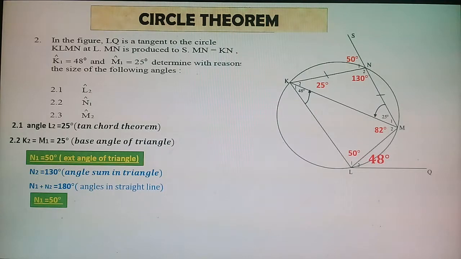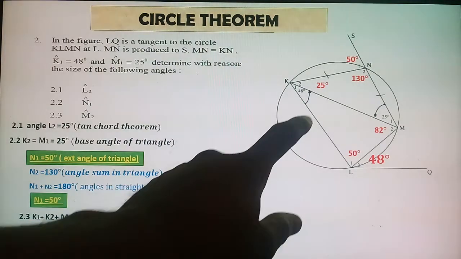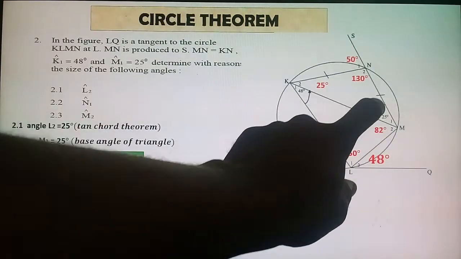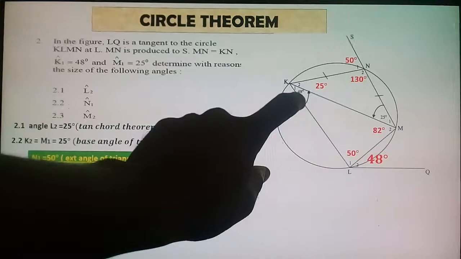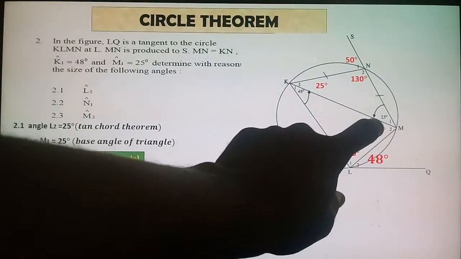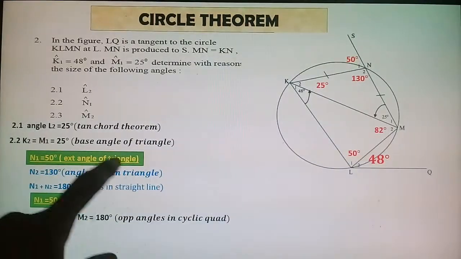Now the last one, they say calculate M2. Let's just follow the steps of how to go about calculating M2. We know that we can use that one. How can you find that when you have that angle? When we have that one, that is all we need to find M2 there.